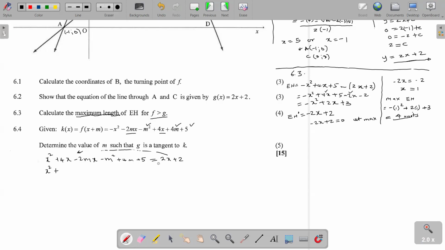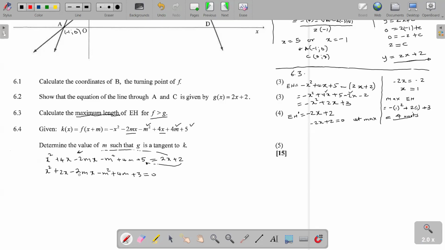So 4x minus 2x, we are going to get plus 2x minus 2mx, then minus m squared plus 4m. We take this 2, which is a constant, bring it here, becomes plus 5 minus 2, so it becomes plus 3 equal to 0.